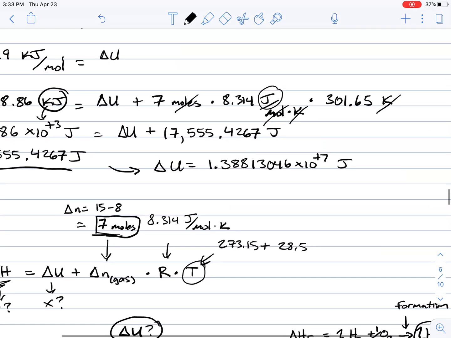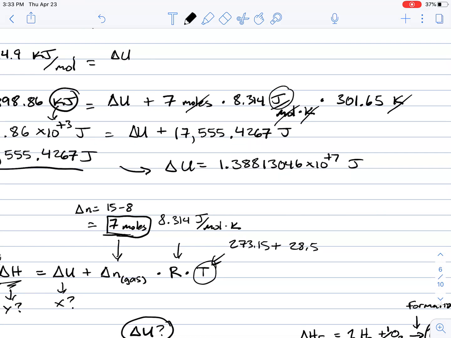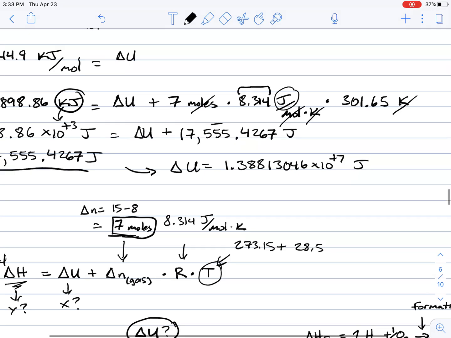And so let's think about sig figs. There's 4 sig figs here. And so we're just going to report 1, 2, 3, 4, all the way up to here.